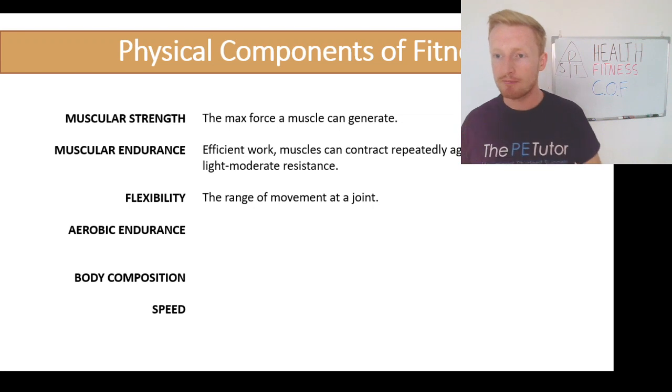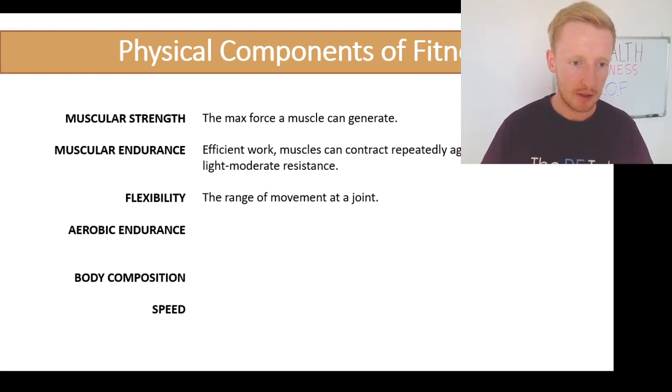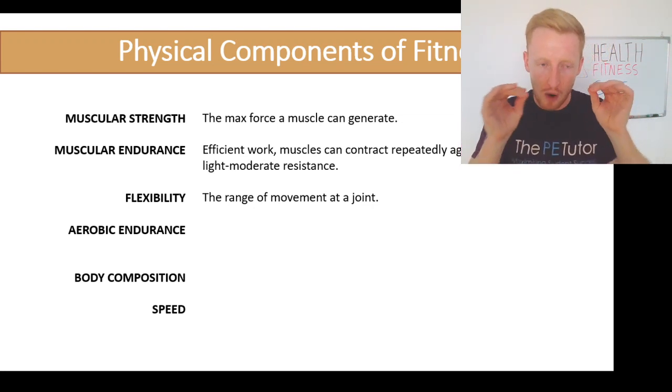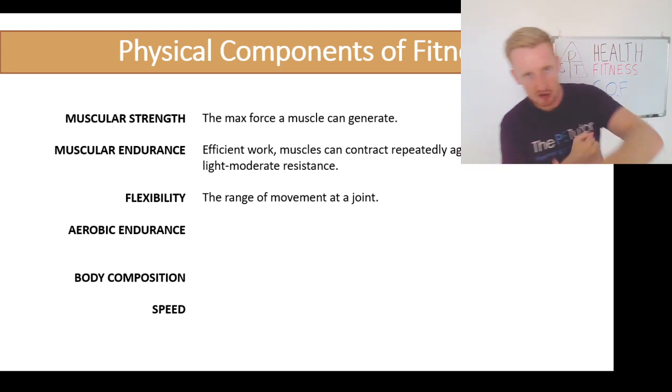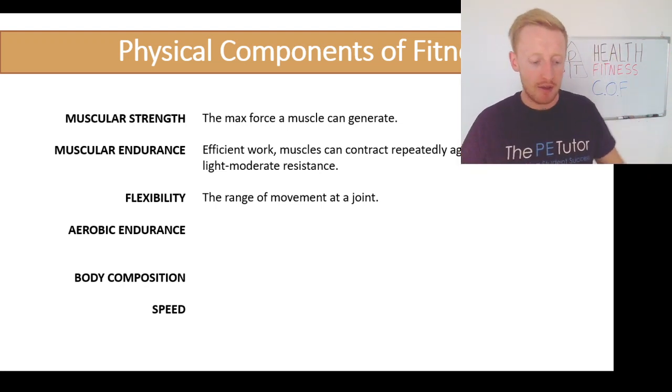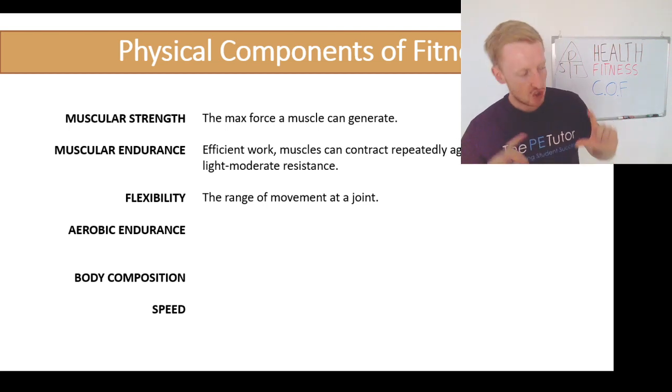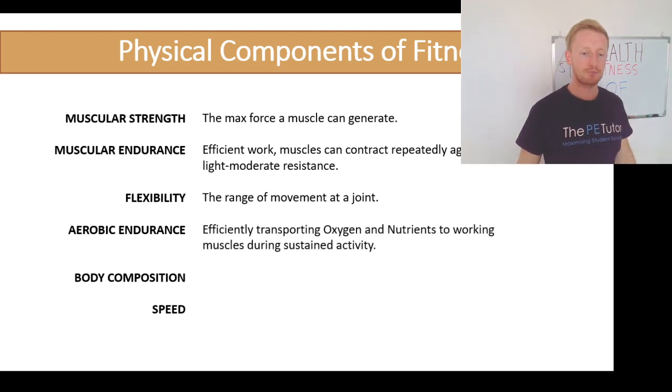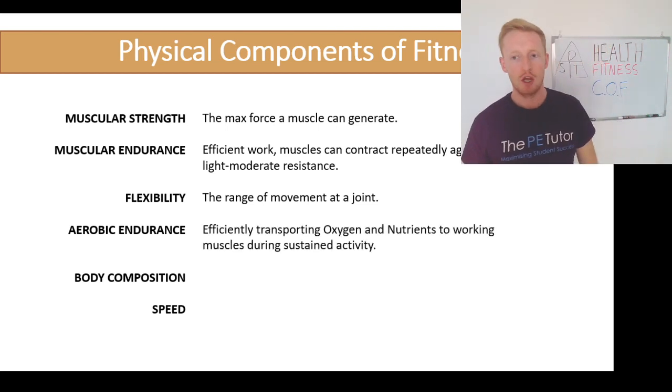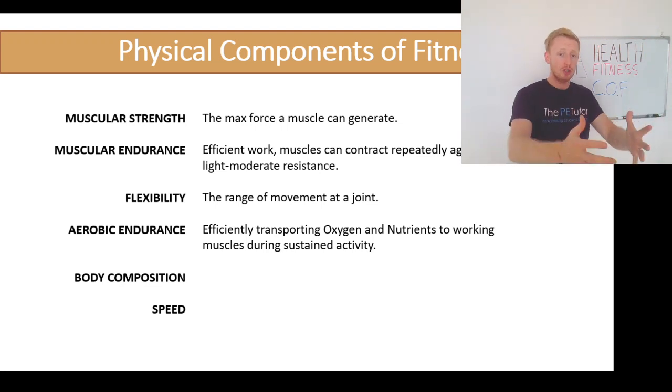Flexibility, range of movement available at a joint. Are our muscles pliable? Are they elastic? Are the joint structures designed in a way that the bones can articulate and achieve lots of movement? Aerobic endurance, we've got this transportation of oxygen and nutrients to the working muscles during activity.